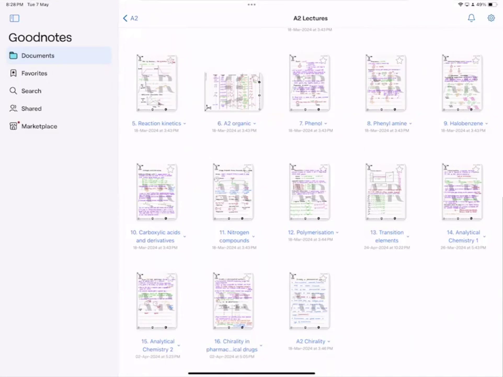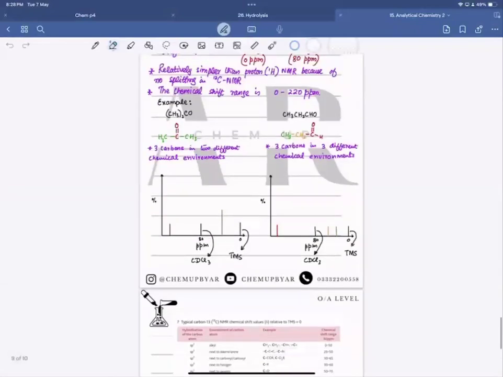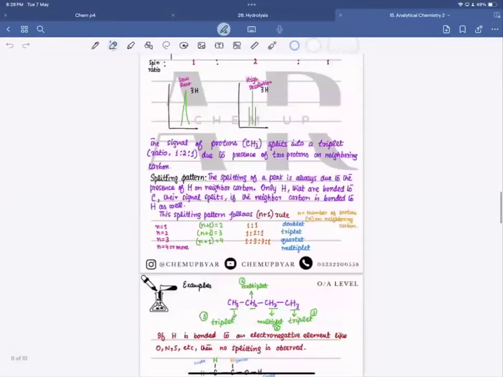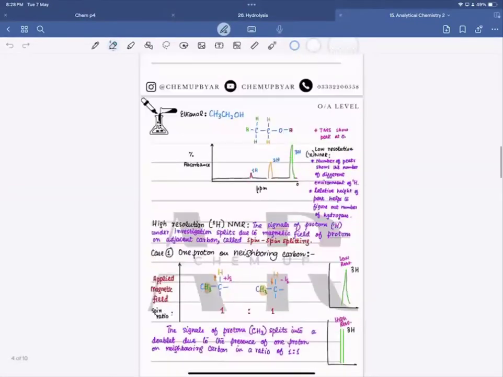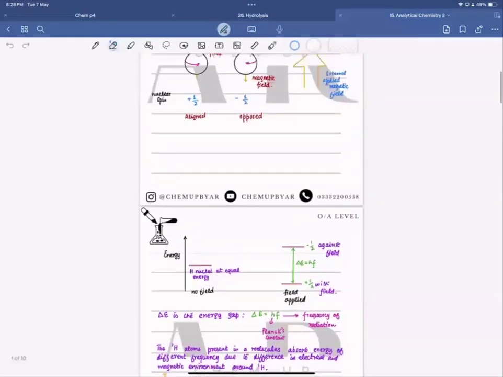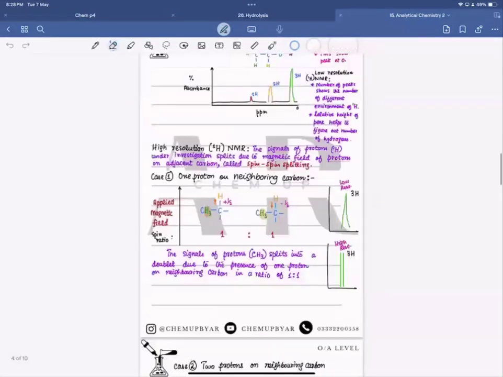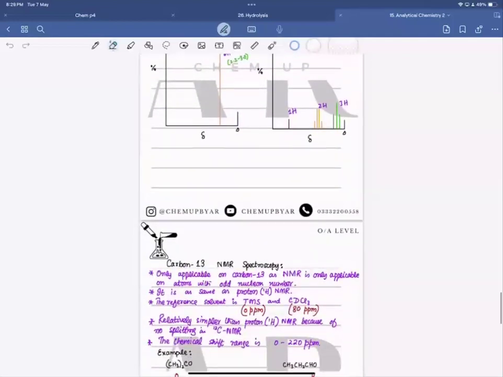See in the zip file, is the 15 analytical chemistry 2 file there or not? If it is there, then you will find the proton NMR. Check, Abdullah, and tell me, please. I made the zip from this folder only.